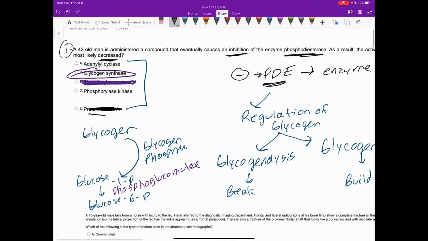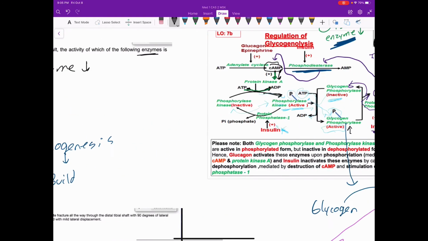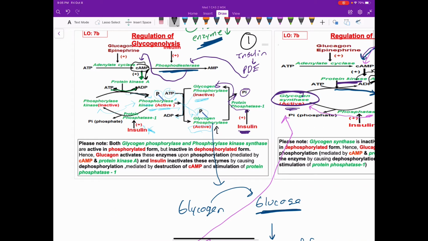What about phosphorylase kinase? Is he going to be inhibited? No. We said over here, if insulin's on, he turns on PDE. This PDE turns off glycogen phosphorylase. Well, if he turns on glycogen phosphorylase, what's going to occur?